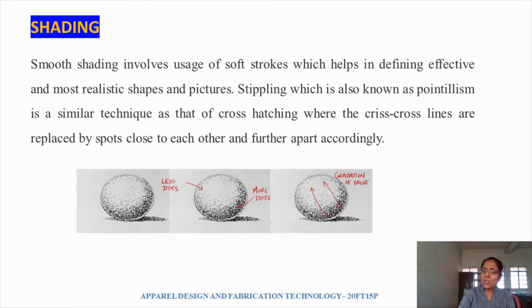So here soft strokes are best for shading purpose. Those strokes are known as stippling. This includes point strokes and light strokes, which add value to the drawing.